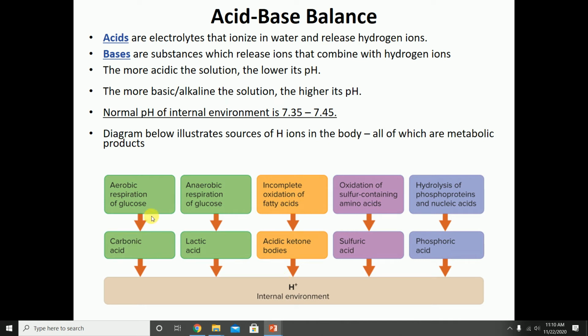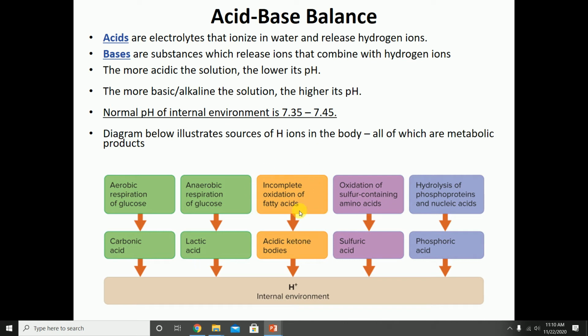would be the metabolic reactions that occur in the body. So you can see here that pretty much burning any product in the body is going to end up producing some kind of acid. For example, the aerobic respiration of glucose leads to the formation of carbonic acid, while the anaerobic respiration of glucose through glycolysis ends up making lactic acid.